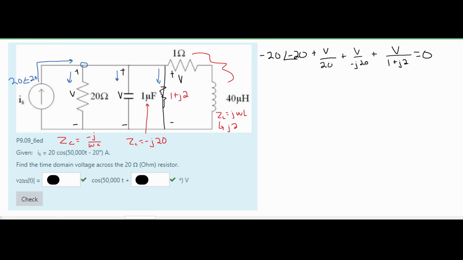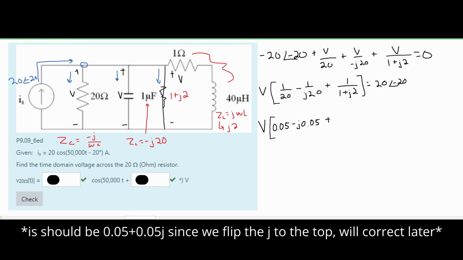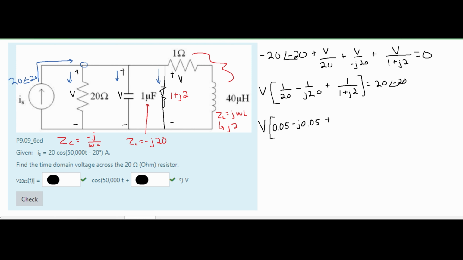From here, we can combine the like terms for our V and then move our current to the right side. From here, I'm going to simplify this further by dividing everything in our V. I divided the first two out. Now for this next part, what we're going to do is convert the bottom part, which is our 1 plus J2, into polar form, and the same thing with our top, so that we can divide them.